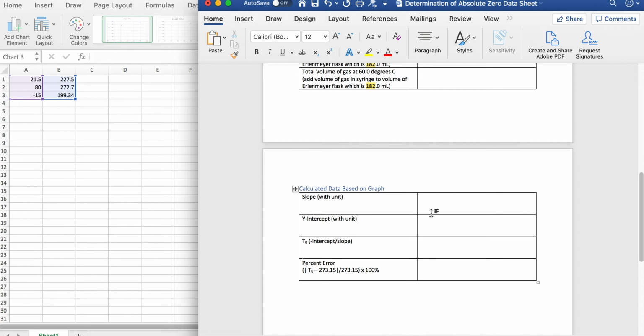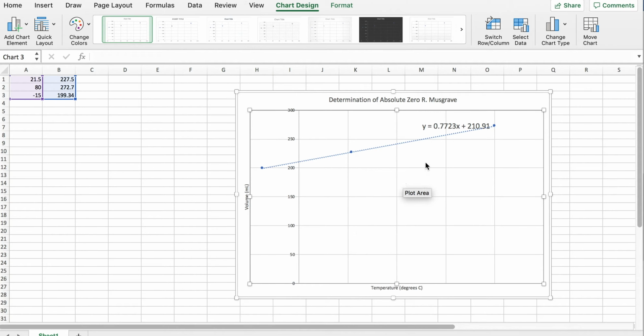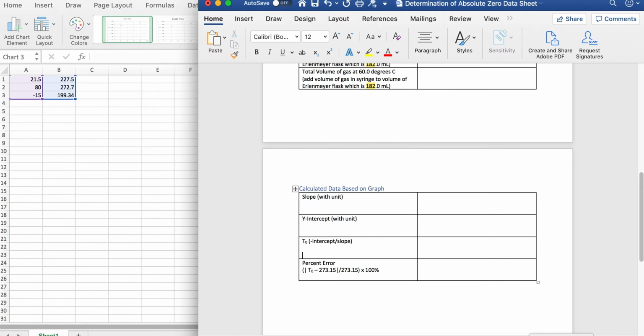When you do it, you have a slope here, and the unit on the slope, because it's change in y over change in x, is going to be milliliters per degree Celsius. I'll go ahead and write that in for you.